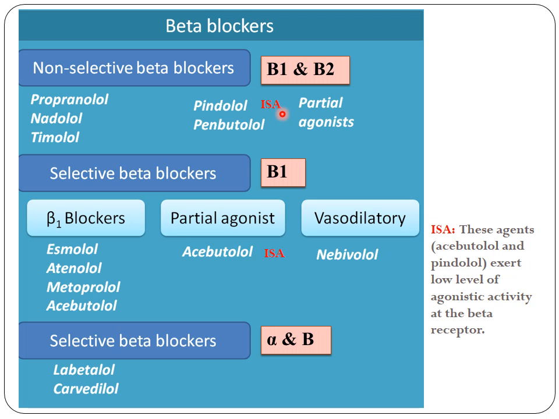That is why they are partial agonists, and this helps decrease the side effects associated with beta blockers. We also have nebivolol. In addition to its blocking effect on the beta-1 receptor, it has a vasodilatory effect because it increases nitric oxide release.